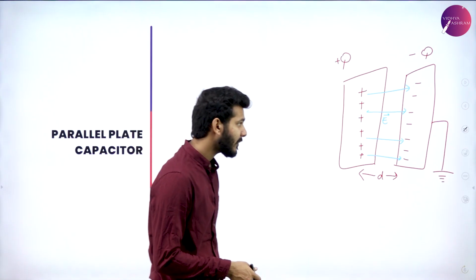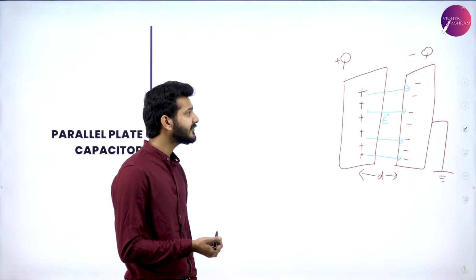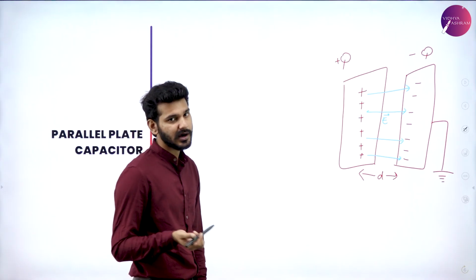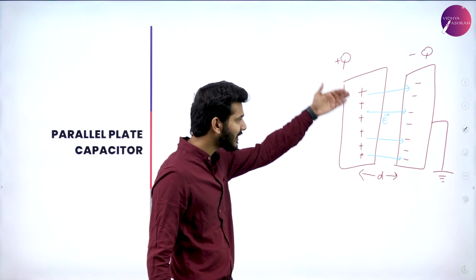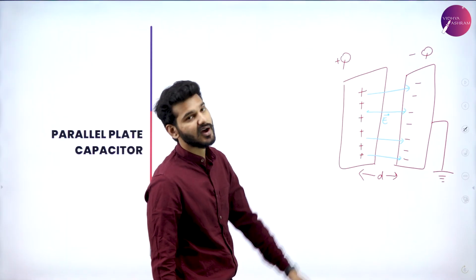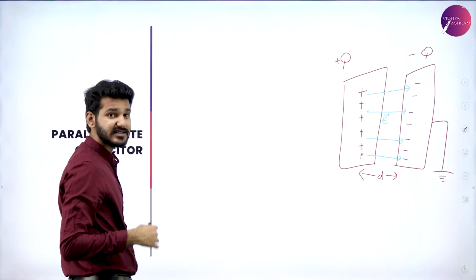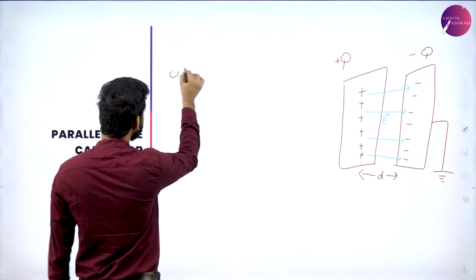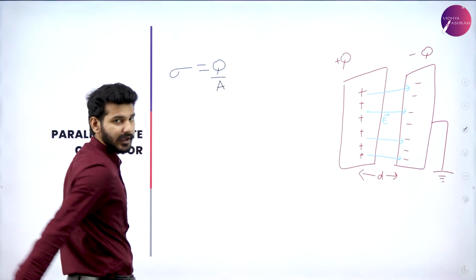And we are going back to the first chapter again to consider the surface charge density sigma. Since there will be a number of charges on the surface of this particular plate or sheet, we have to consider surface charge density. Surface charge density is nothing but sigma. So sigma, if you don't remember, was Q by A.